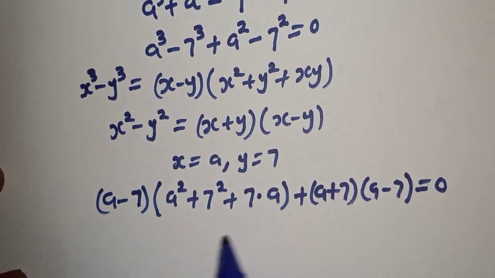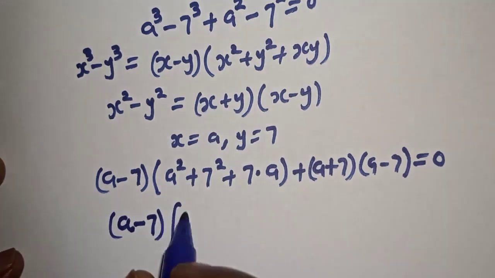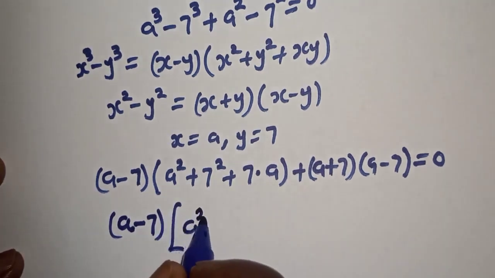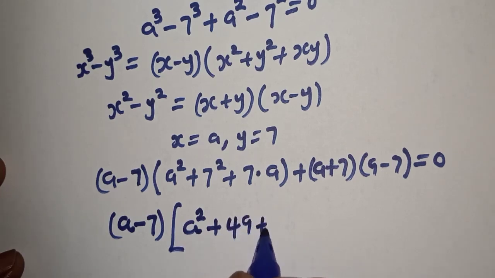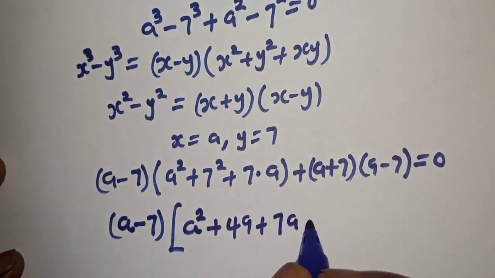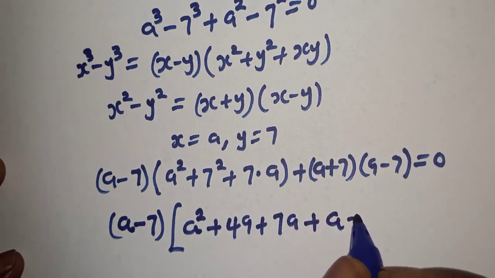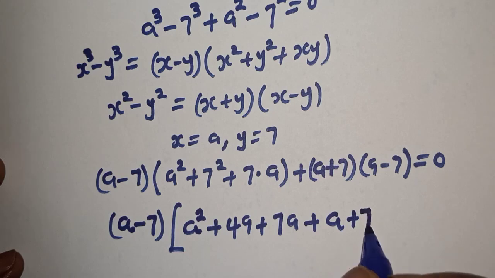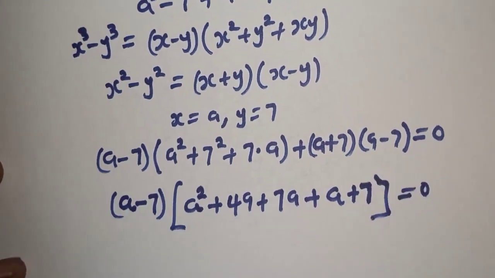Let's bring it out. This is a minus 7 open bracket a square plus 7 square is 49 plus 7a plus a plus 7 is equal to 0.